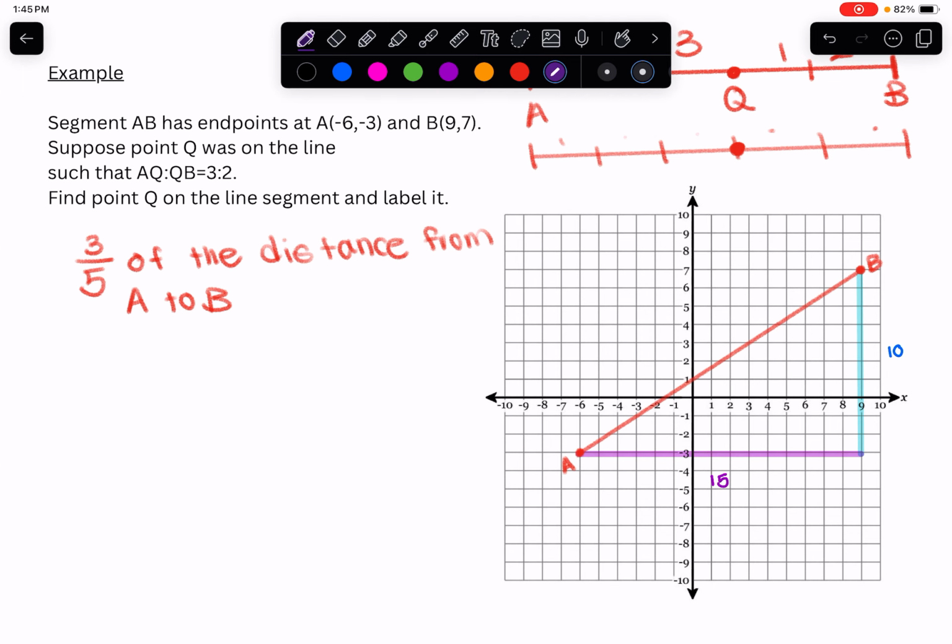So I'm going to take my run and multiply it by this fraction, and you'll get 9. So now, instead of going the entire 15, you're going to go over only 9 boxes. 1, 2, 3, 4, 5, 6, 7, 8, 9.